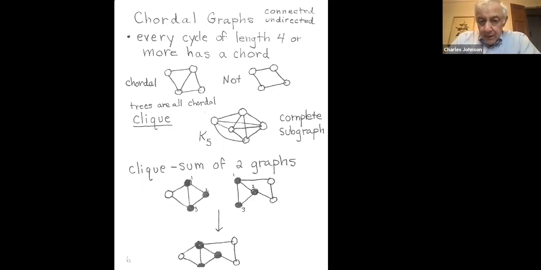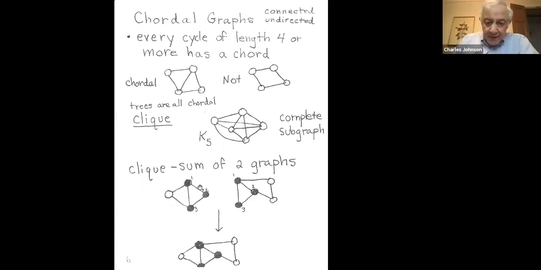Now, a clique is simply a complete graph that perhaps occurs as a subgraph of a larger graph. So here's an example of K5. Notice that there are 5 vertices and all the possible edges occur. That is, every vertex has degree 4. Now, a clique sum of 2 graphs is simply the following.